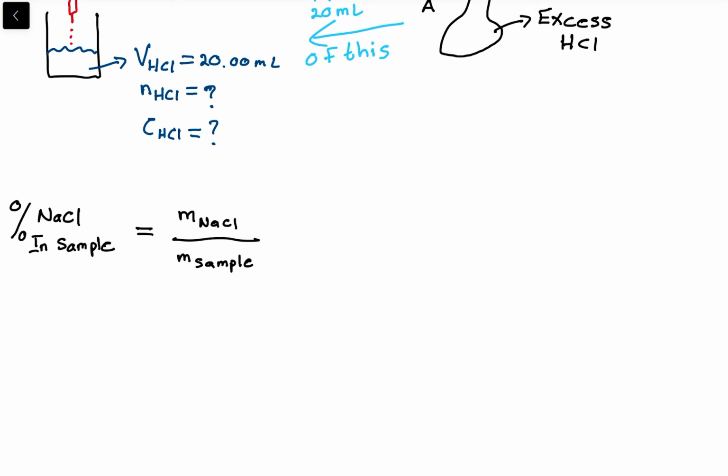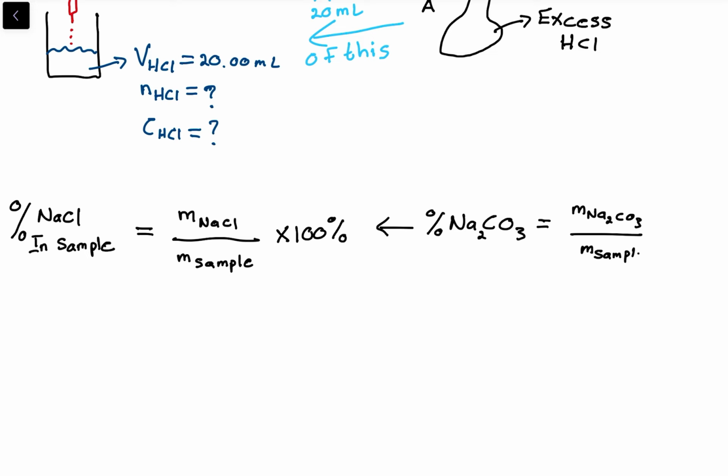Well, an easier way to get to this point is if we determine the percentage sodium carbonate. Right? We can say 100 minus the percentage sodium carbonate gives us the percentage sodium chloride, because the percentage sodium carbonate is calculated from the mass of sodium carbonate divided by the mass of the sample multiplied by 100.